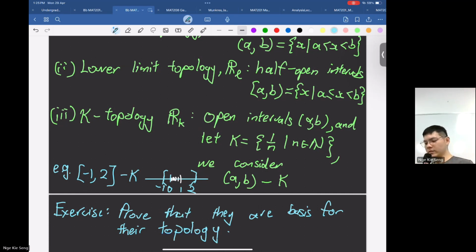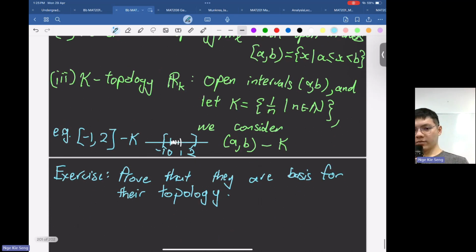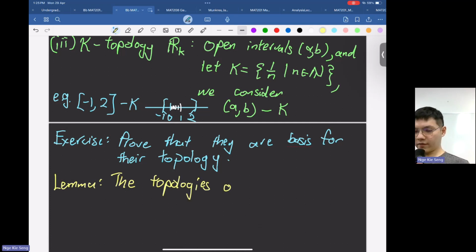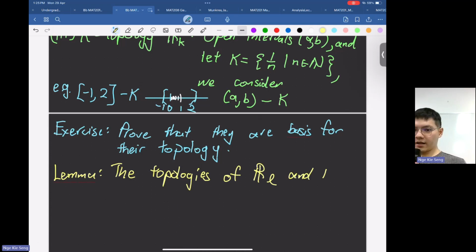Okay. Prove that they are basis for the topology. And lemma. You can see that the topology of R_L, the lower limit topology, and R_K, the K topology, are strictly finer than the standard one.